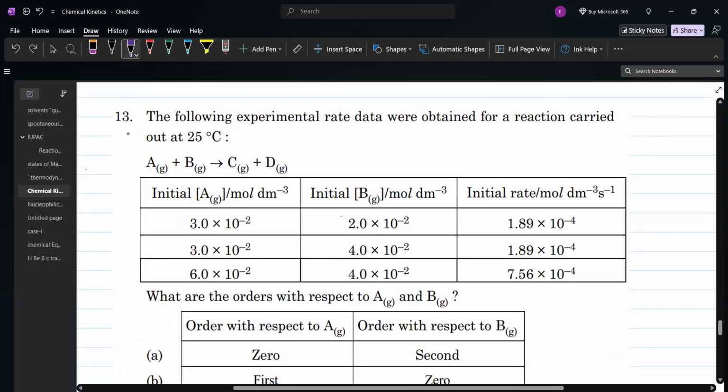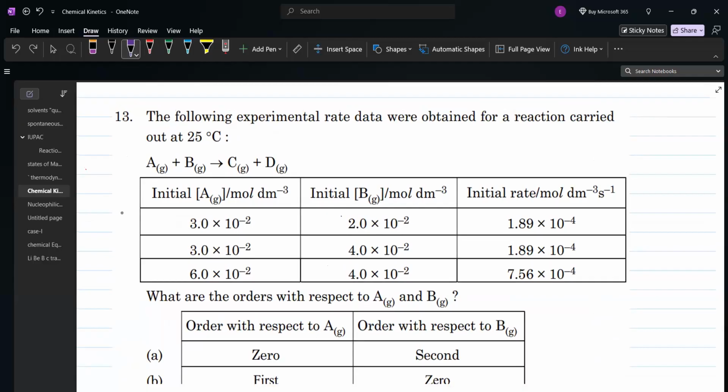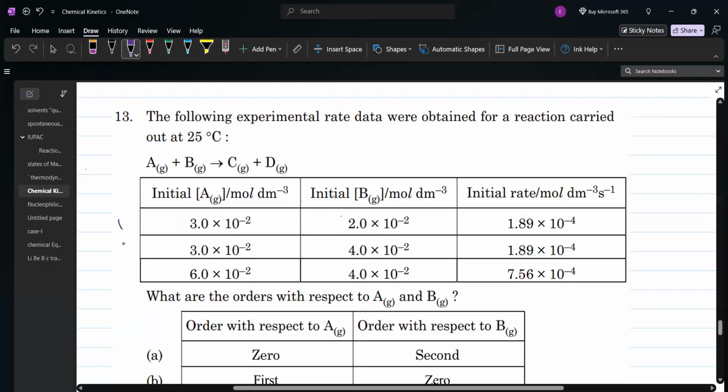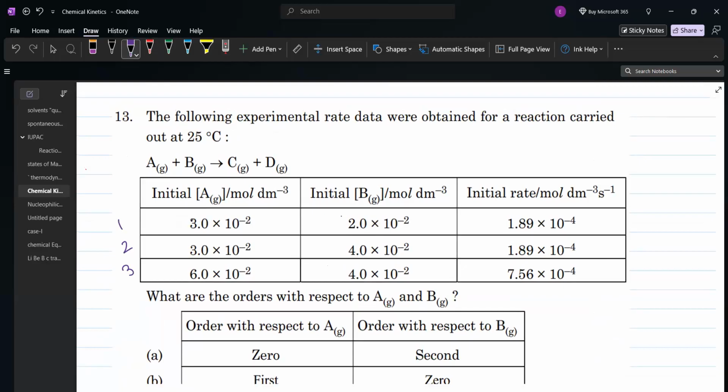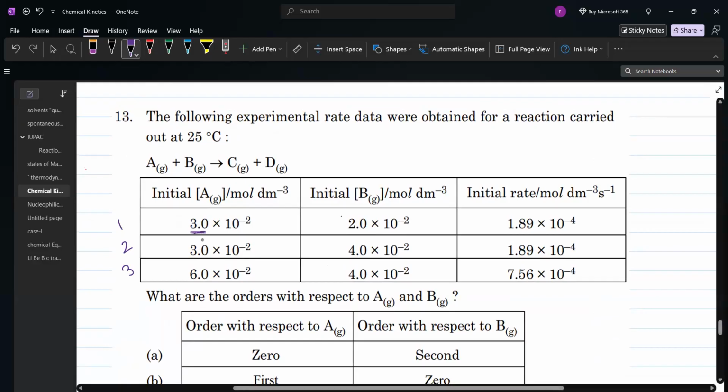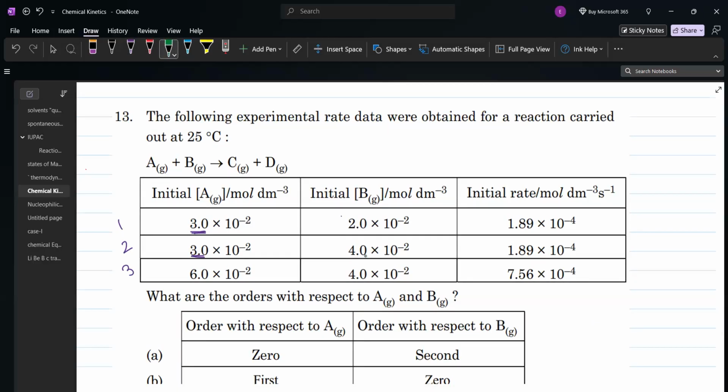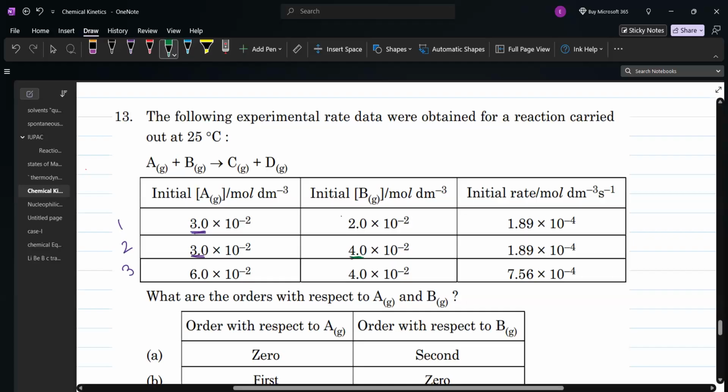In the first experiment, let me write this, first, second, and third. In the first and second experiments, the concentration of A is constant, right? 3 and 3. Can you see this? Rishita and Zaina? Yes, sir. Kindly respond. And in the second and third experiments, B is the same, right?